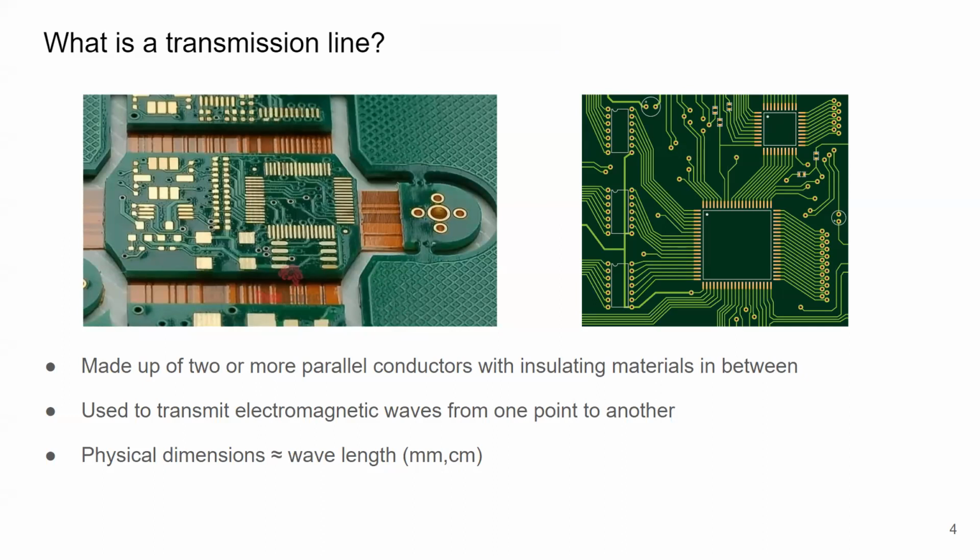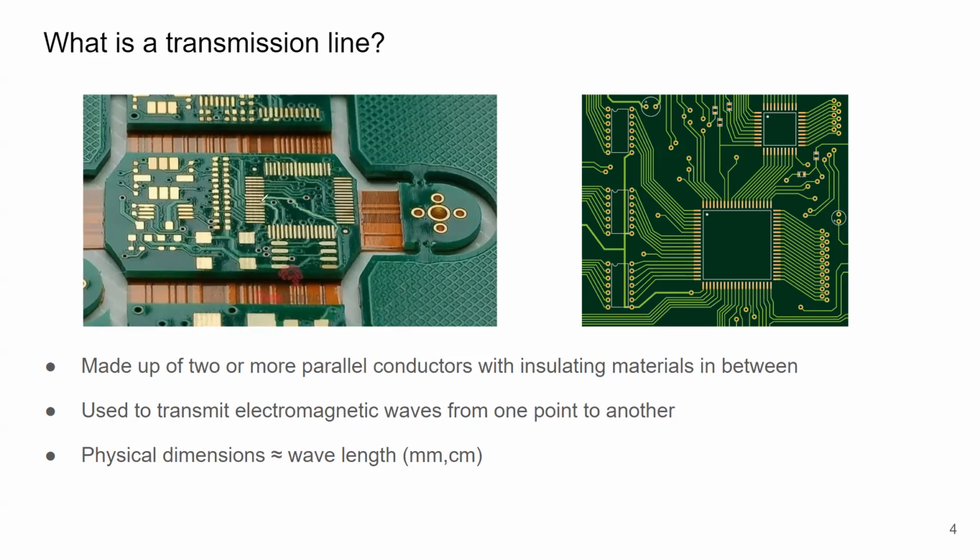These are not the only transmission lines, but I'm showing them because they are very much used in our day-to-day devices, such as phones, computers, and any other home appliance where we have PCB circuits.